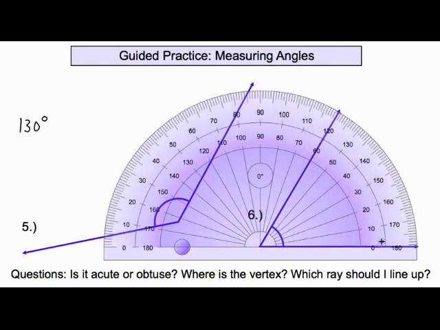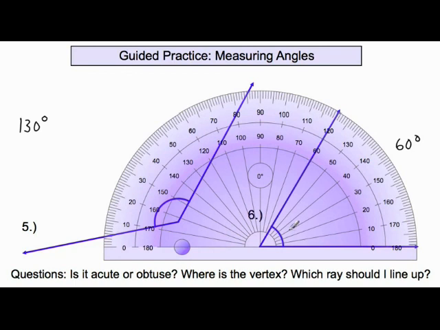Okay, so now it's at 0, vertex in the middle, and now I'm counting up from 0, and I go 10, 20, 30, 40, 50, and that's at 60 degrees. And so it's an acute angle, and I got a number that's less than 90.